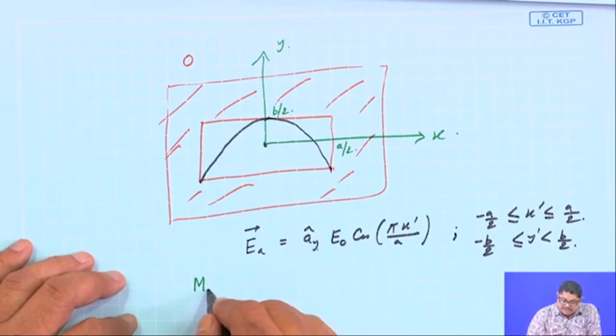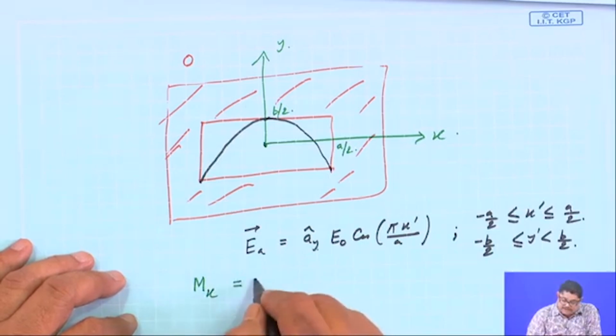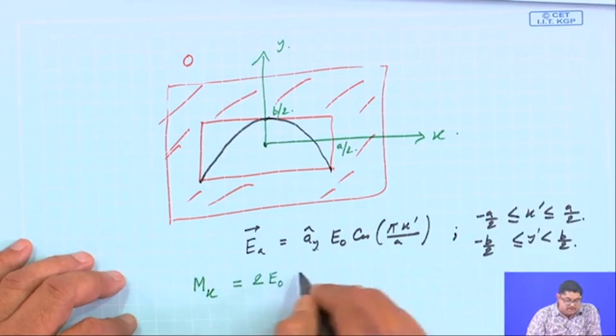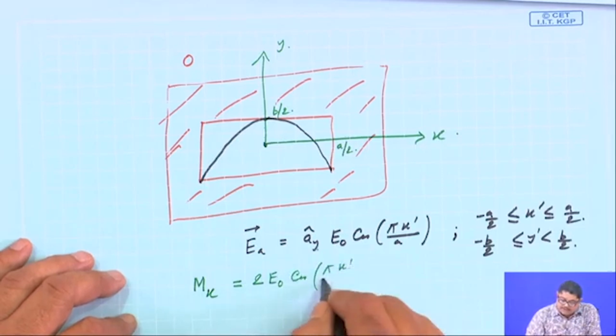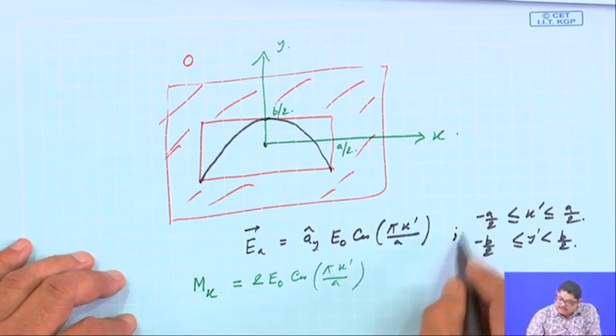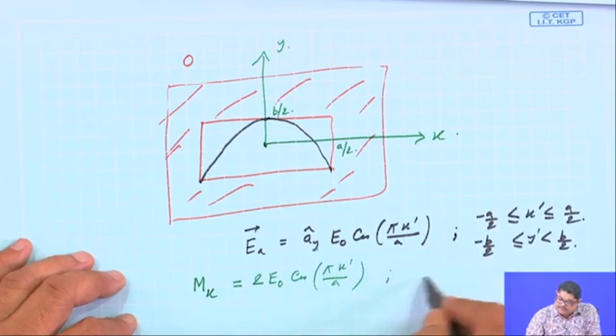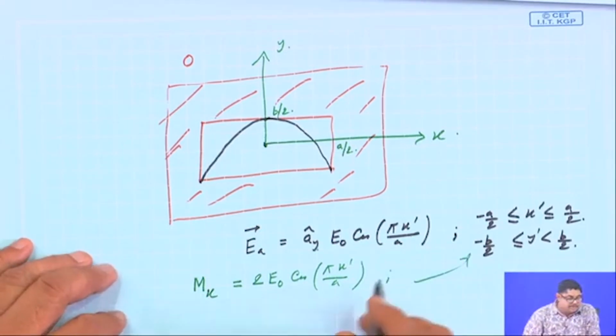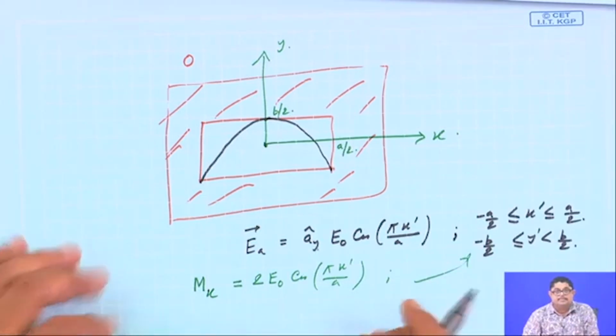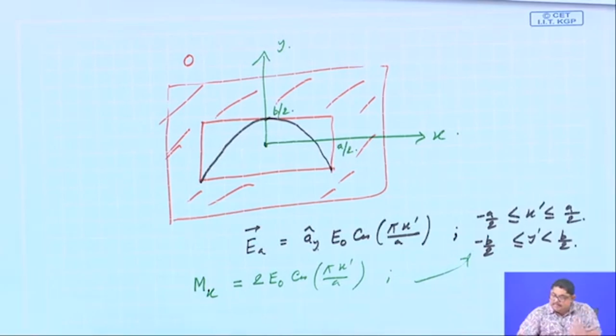So, I can write M_x is 2 E naught cos(pi x'/a), again in this zone. I am not writing, and in the previous example also we have seen there is a constant part.